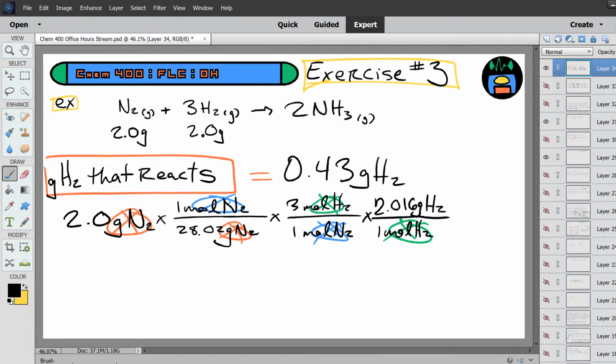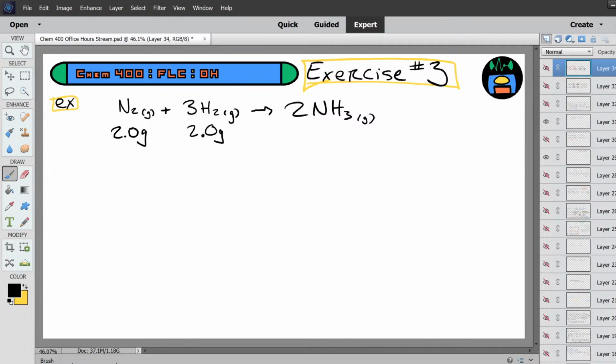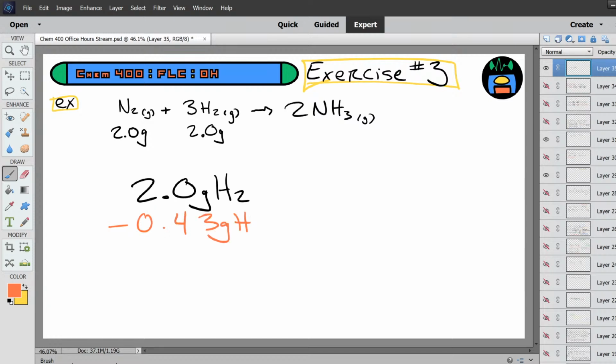Now, that was step number 2. This is step number 3. You take your initial, we started with 2.0 grams, subtract 0.43, the amount of hydrogen that reacts, and we're going to be left with 1.57.